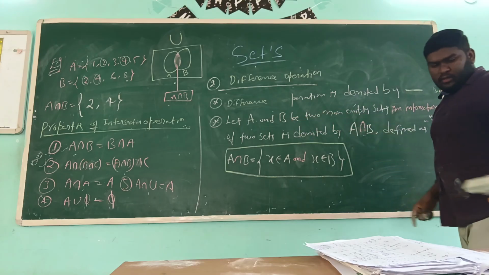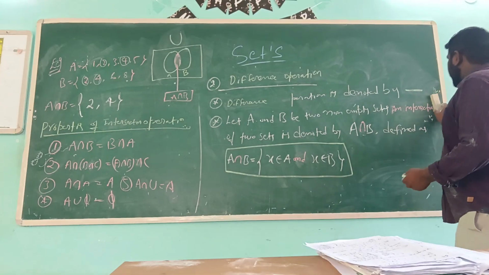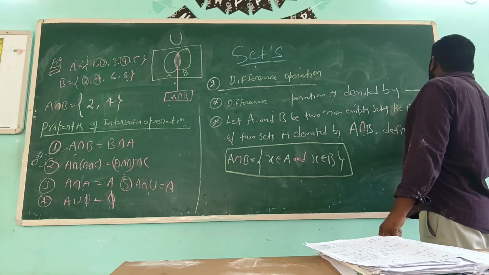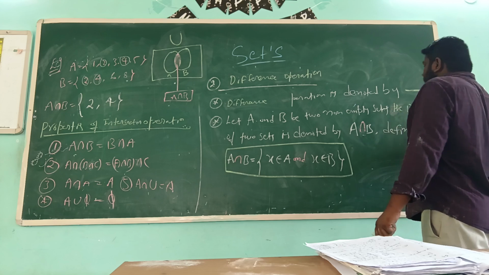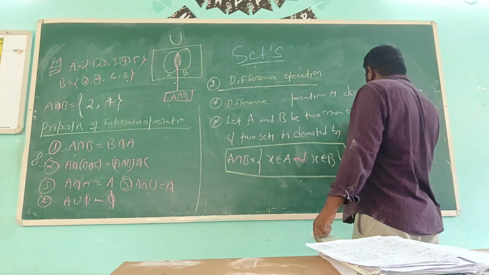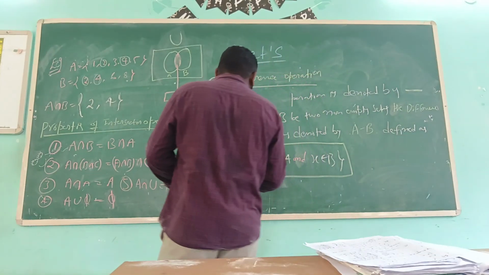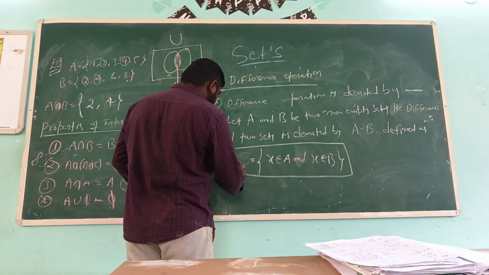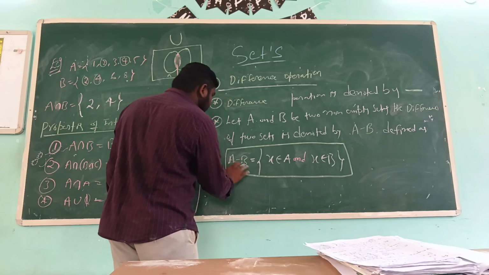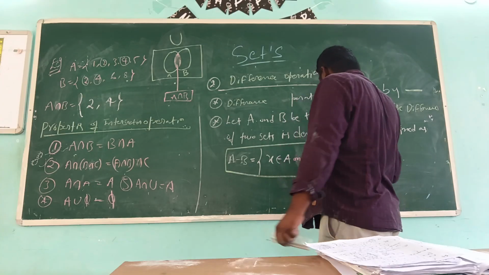Let A and B be two non-empty sets. The difference of two sets is denoted by A minus B, defined as A minus B equals X belongs to A and X does not belong to B.